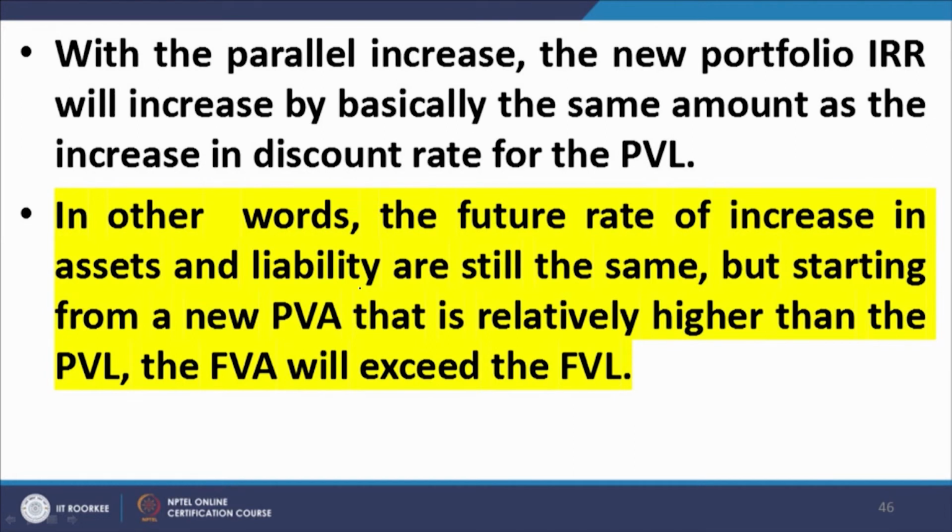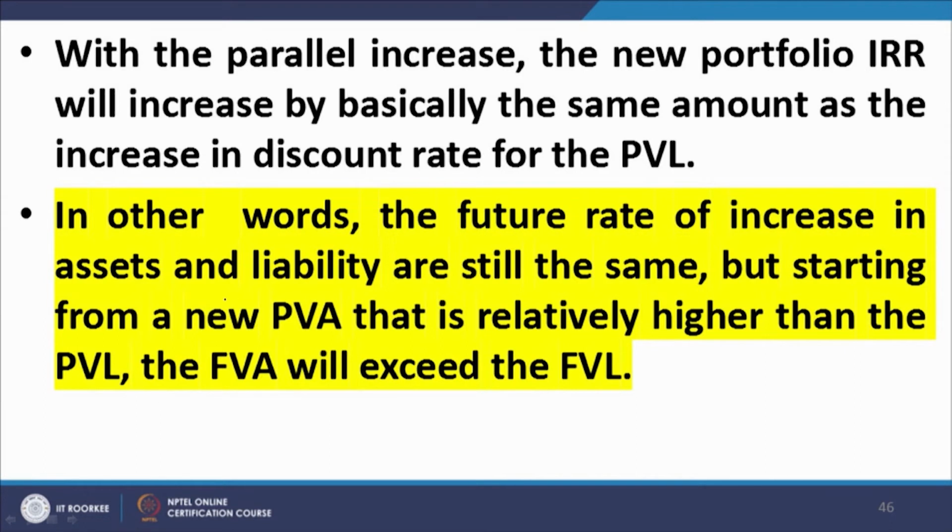Because this is a parallel shift, all interest rates are increasing by the same amount. This would imply that the new portfolio IRR will increase by basically the same amount as the increase in the IRR or discount rate or YTM of the liability. In other words, the future rate of increase in assets and liability is still the same. Why?